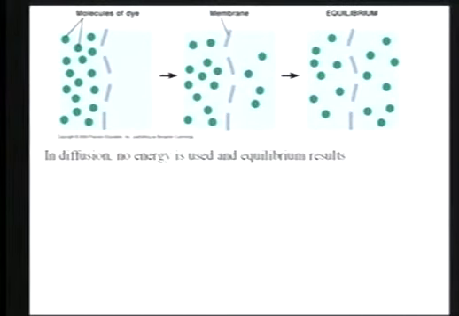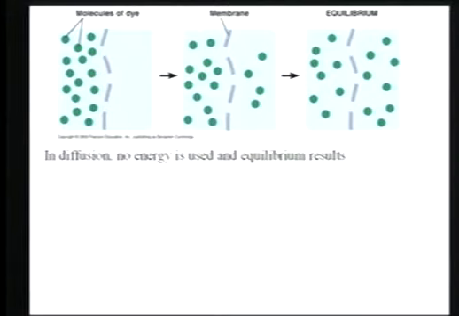Okay, as far as diffusion goes, as I said, diffusion is the tendency of particles to move until they reach a steady state with an equal concentration. We call that an equilibrium. So in diffusion, as shown up here in the top part of this figure, these molecules of dye will move across this membrane, if it's permeable to them, until you have an equal concentration on either side.